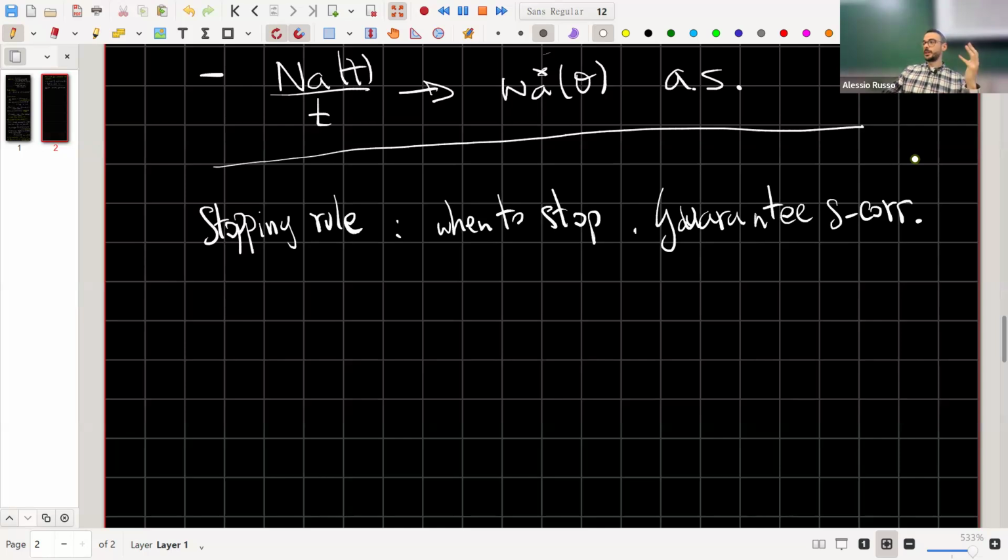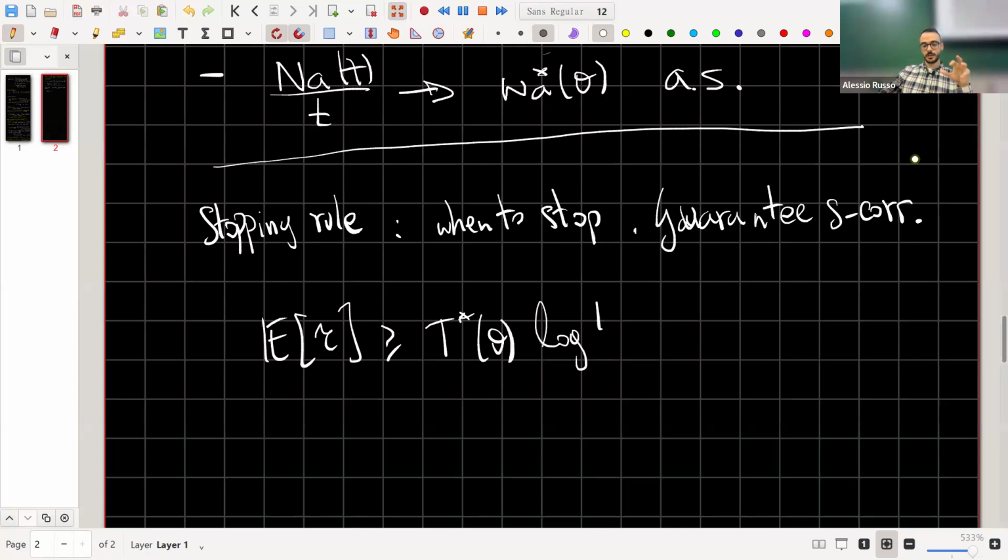So as an idea, we can start by looking at the lower bound. The lower bound always tells you a lot of information. So what does the lower bound tell us? The lower bound tells us that the number of samples we need is at least T star theta times log 1 over delta. So why don't we just stop when t is bigger than this quantity?